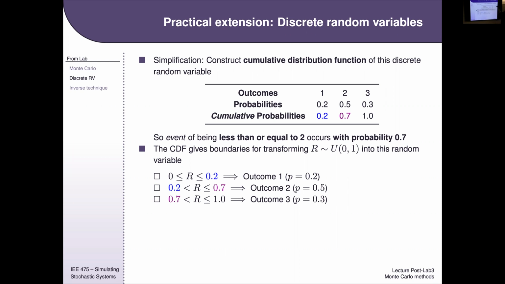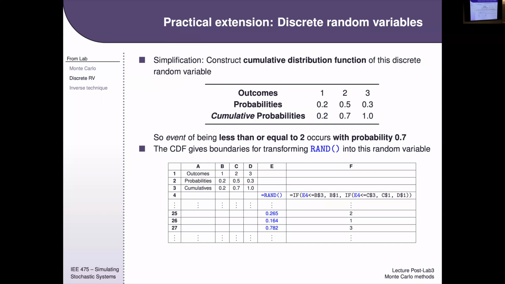So this is a recipe for any single discrete random variable that you want to draw in an Excel spreadsheet. You just calculate the cumulatives and then do a bunch of if-then statements to see where you land. And so that's what I can show here, that I can draw a single random number. And the key here is it's a single random number.